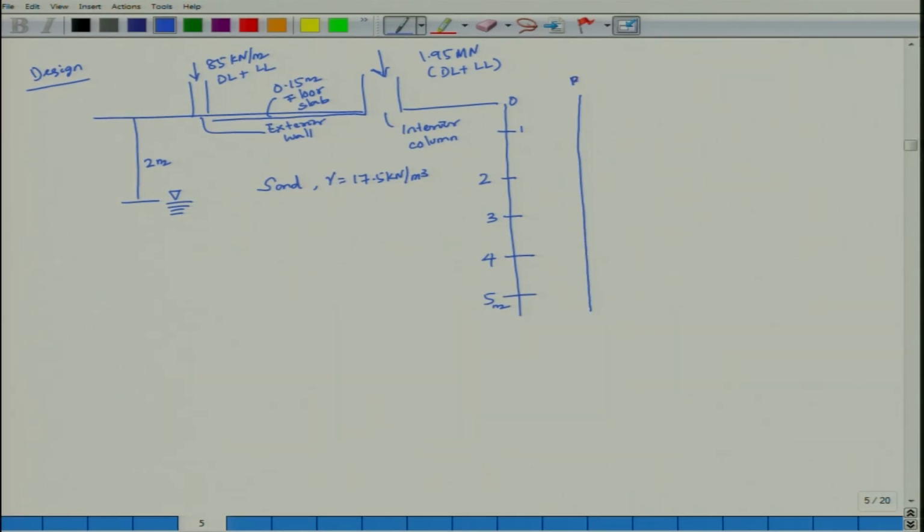The first one is borehole 1: SPT N at 1 is 16, 2 is 17, 3 is 19, 4 is 20, 5 is 18. The second one is borehole 2: this is 15, this is 18, this is 23, this is 24, and this is 20.